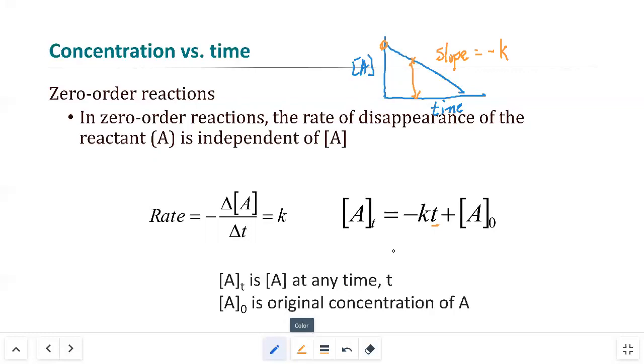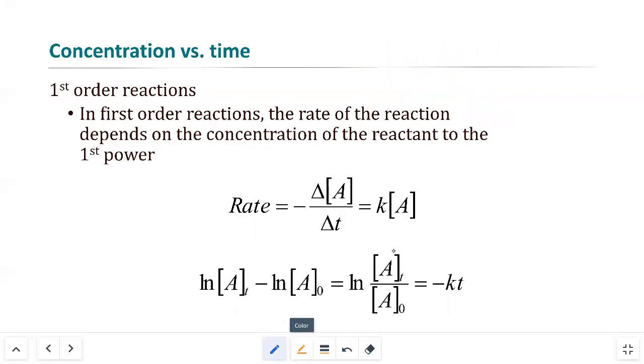Where this graphical method can get a little bit complicated is when we start looking at first order and second order. Because in first order and second order, their plots look very similar. If I'm looking at the plot of a first order reactant, what I'm going to see is some kind of curved path.